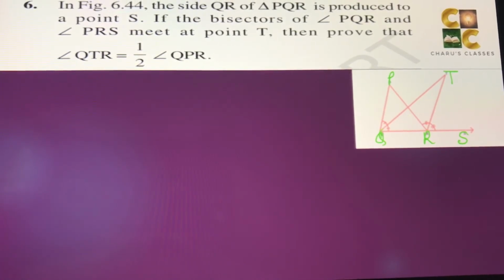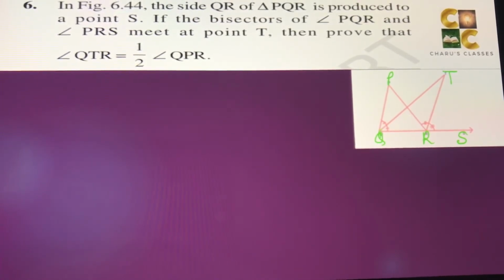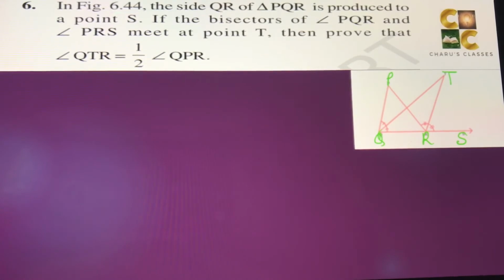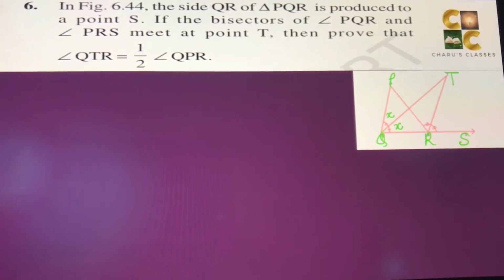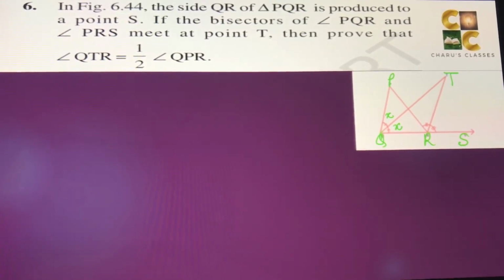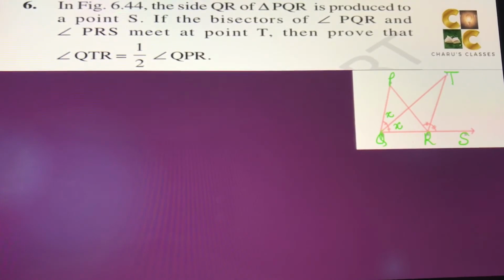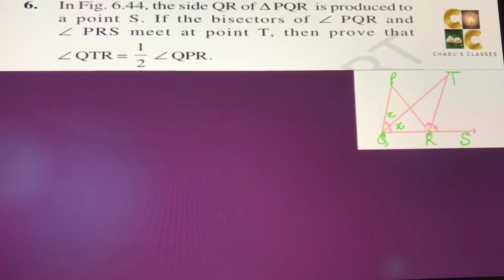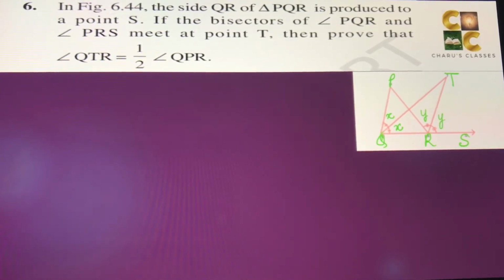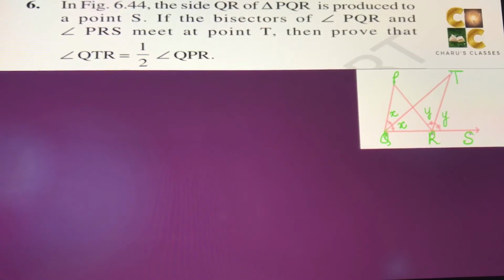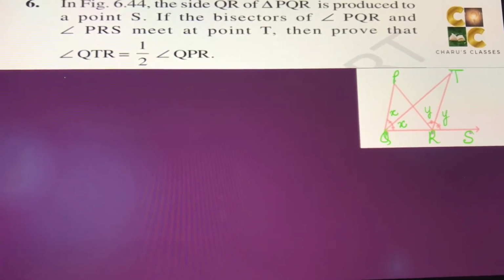It is dividing this into two equal halves. That means if this is X, then this will also be X. And the bisector of the other one, that is angle PRS, RT is the bisector. If this is Y, then this is also Y. So for convenience, I am just calling them X, X and Y, Y.